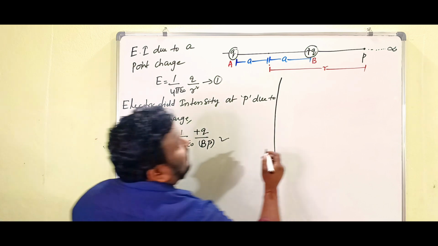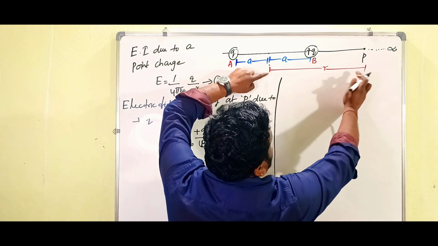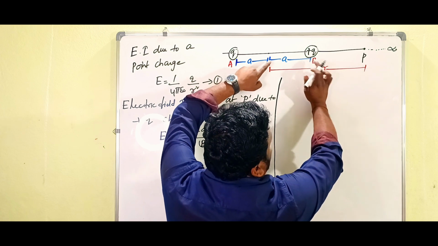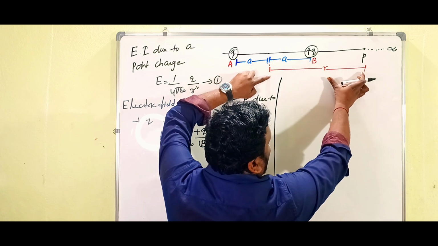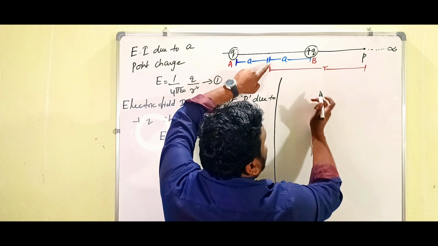So in that figure, this is the R and this is the A. Clear? So BP means what?